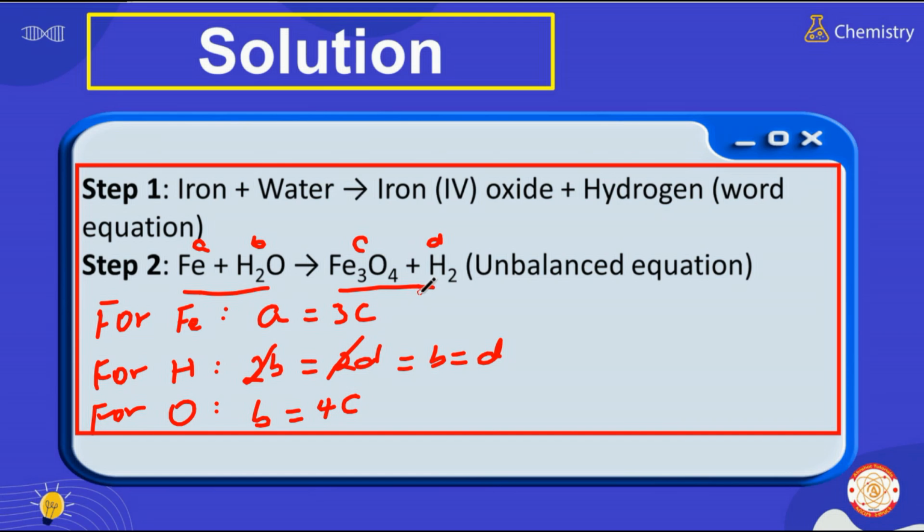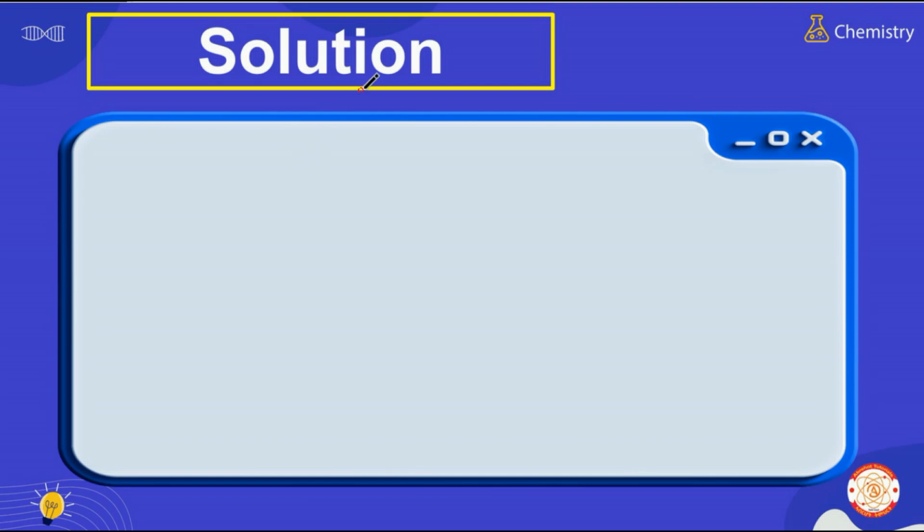Now the next step is I'm going to choose the smallest whole number for one variable from the 4 variables that are here. So I'm going to assign C equals 1.